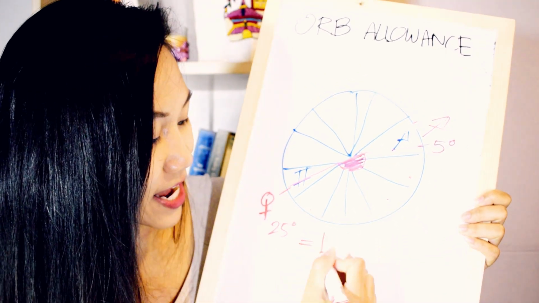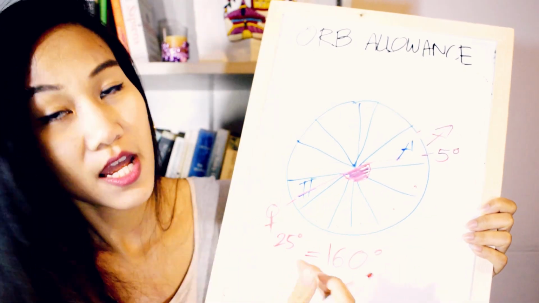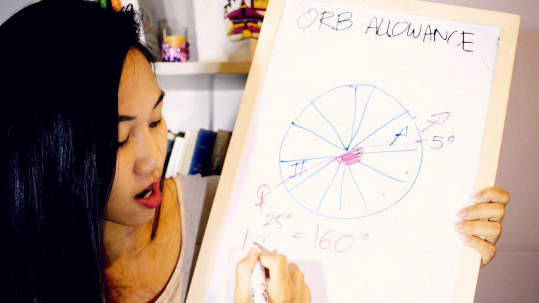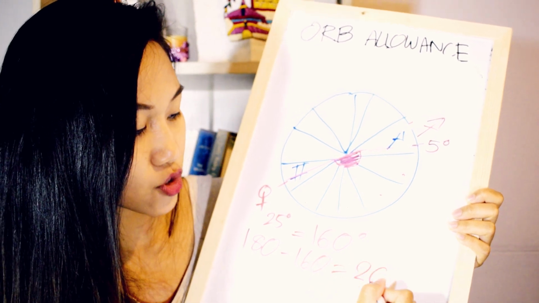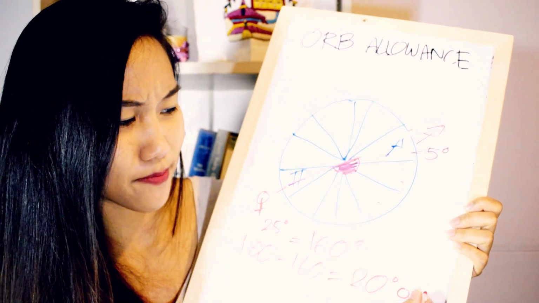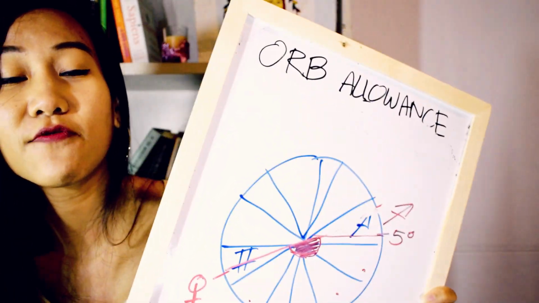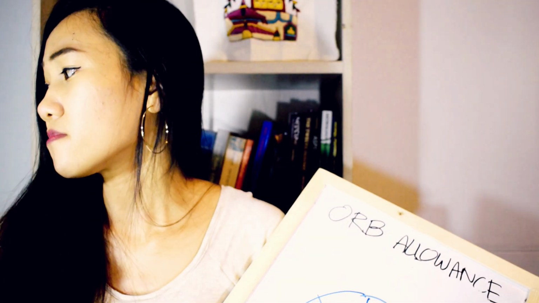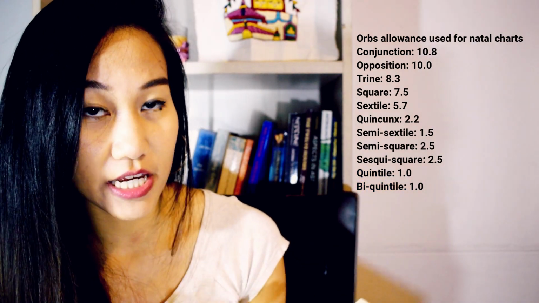You're going to get a 160-degree angle, which means if you take the opposition, 180 minus 160, you're going to get a 20-degree orb, which does not actually exist, because for the opposition, the maximum allowable orb is 10 degrees.